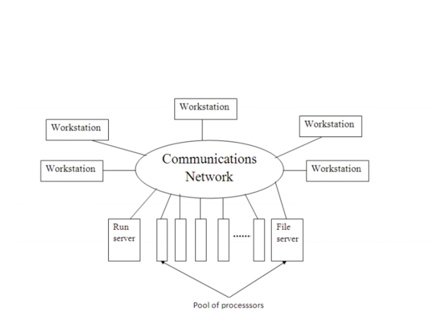So when the user demands something sitting at the terminal, it is taken over by the special server called the run server, and it is the run server which allocates a pool of processors depending on the processing demand of that particular job given by the user.